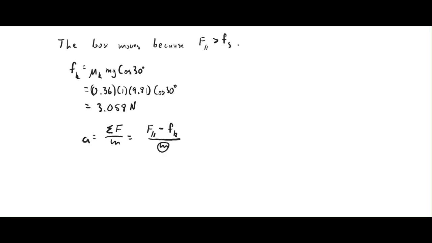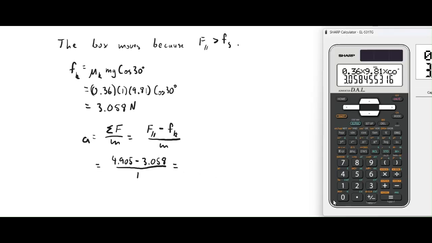Our mass is just 1, so that'll be easy. So we have 4.905 newtons, subtract 3.058, divided by 1, and this works out to be 1.847.